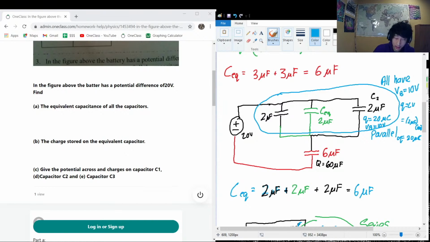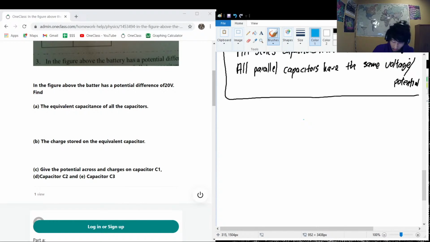Okay, so that would be C2. I'm going to write this down at the bottom here, C2, just so we have all of our answers compiled at the end.